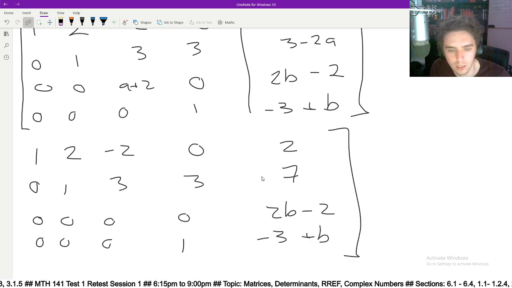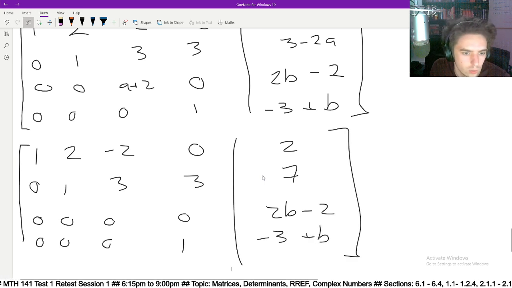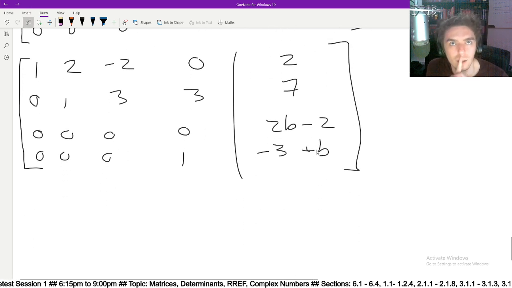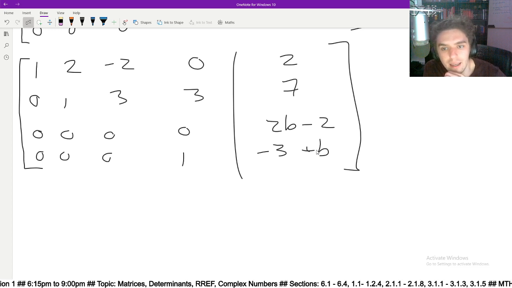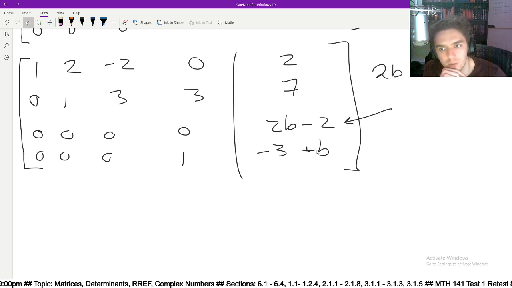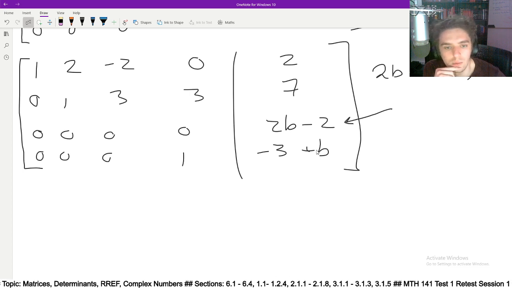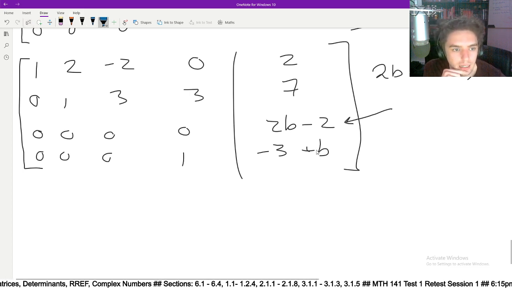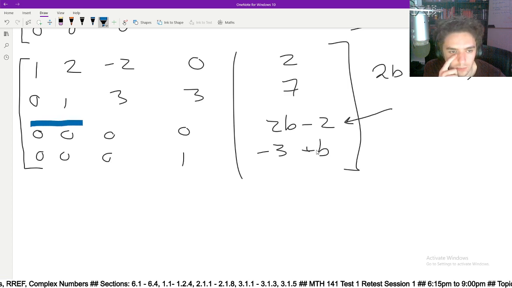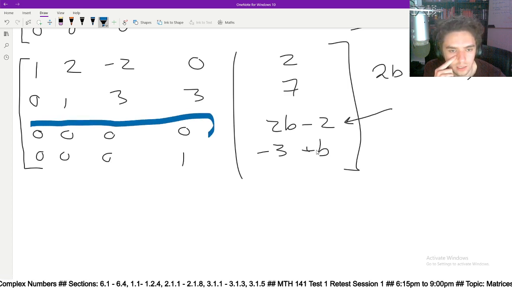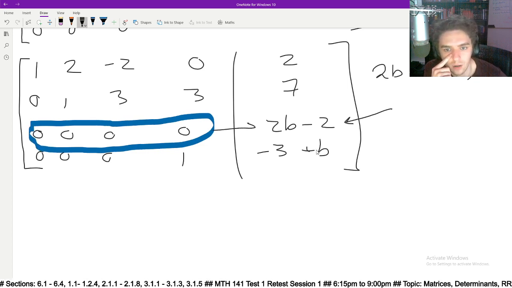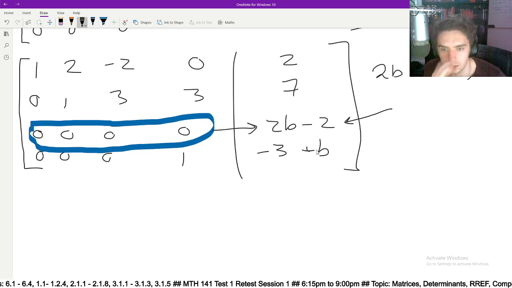Okay, we're in an interesting position here. So this looks like there's going to be infinitely many solutions, right? But only infinitely many if 2b minus 2 equals 0, right? Because this doesn't make sense otherwise. You can't say 0 times x1 plus 0 times x2 plus 0 times x3 plus 0 times x4, all our variables, can be equal to anything except 0, which means 2b minus 2 has to be equal to 0.